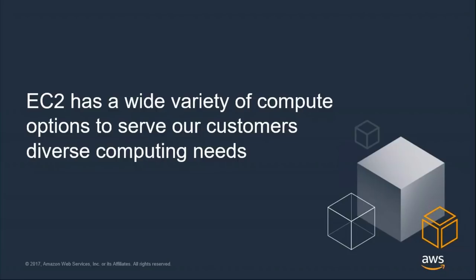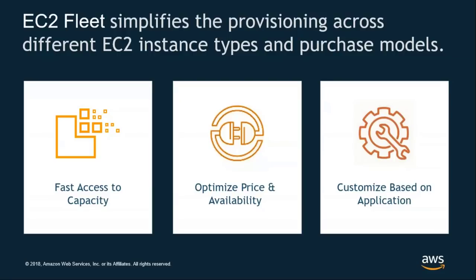And so that's why I'm really excited to be talking here today about EC2 Fleet, an API that, with a single API call, lets you provision capacity across multiple instance types and multiple purchase models to achieve your desired scale, performance, and cost profile.